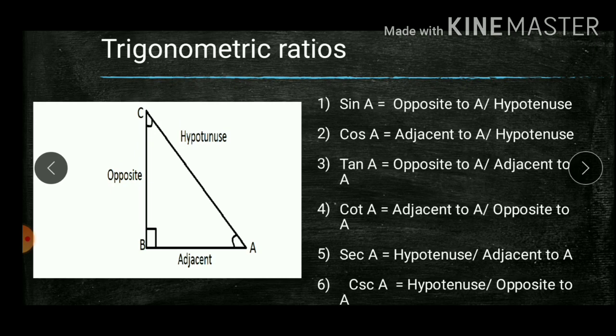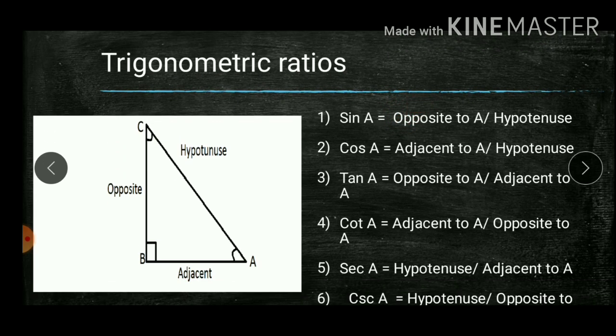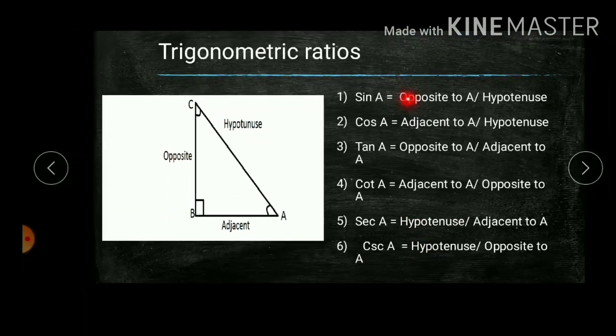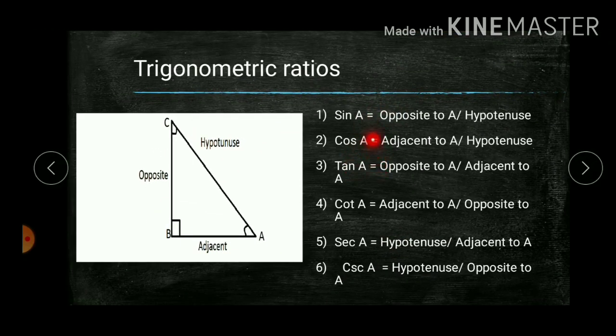First I want to explain about this heading, trigonometric ratios. There are 6 ratios: sin A, cos A, tan A, cot A, secant A, and cosecant A. Sin is the short form, sine is the full form.